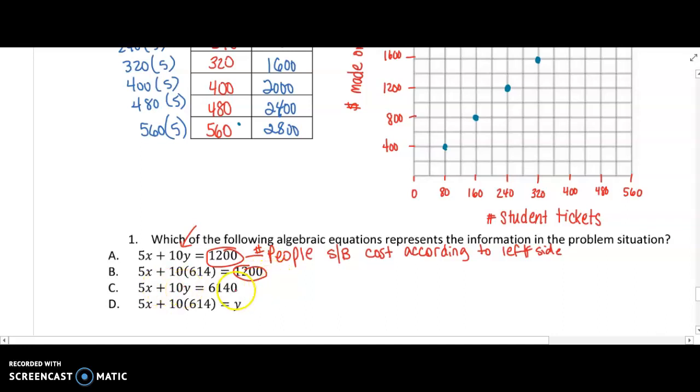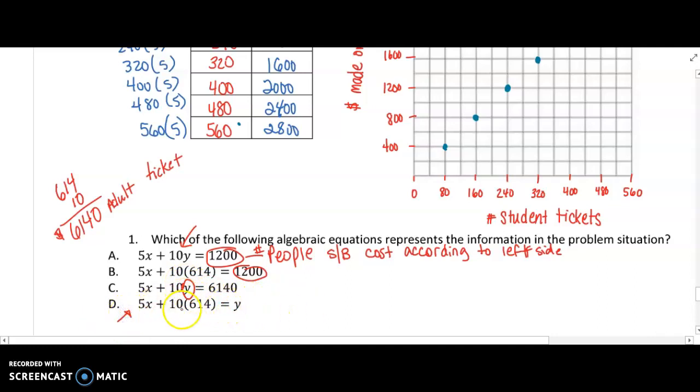Okay, so then this 6,140. If they sold 614 tickets times $10, they're going to make $6,140, right? That's how much they're going to make on adult tickets. So that's just the adult ticket sales. So they're kind of counting this twice in this one, right? So it's pretty much going to have to be this one, right?